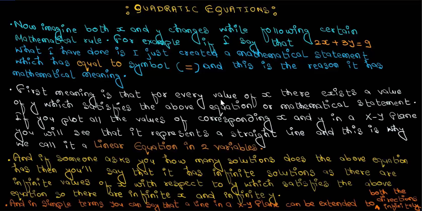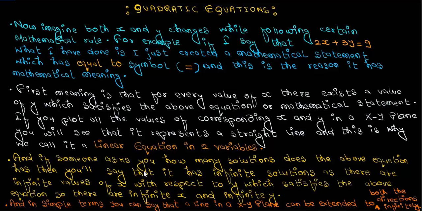First meaning is that for every value of x, there exists a value of y which satisfies the above equation or mathematical statement. If you plot all the values of corresponding x and y in an xy plane, you will see that it represents a straight line, and this is why we call it a linear equation in two variables.